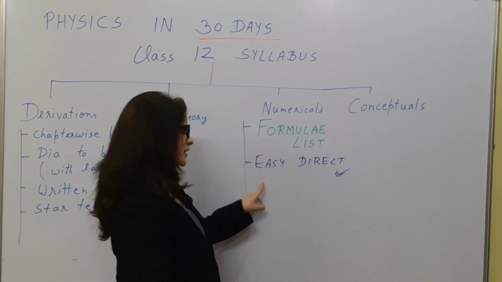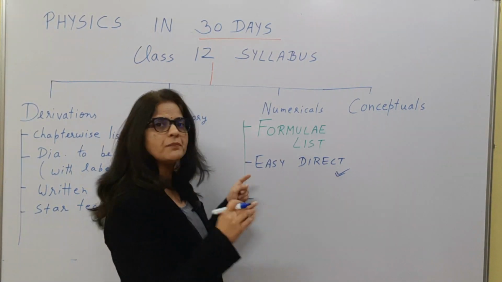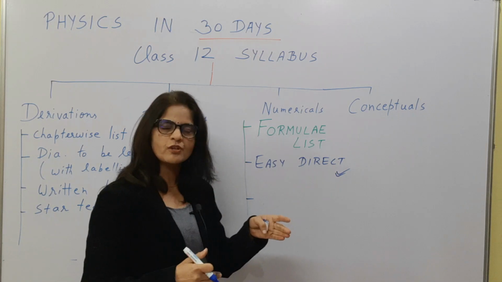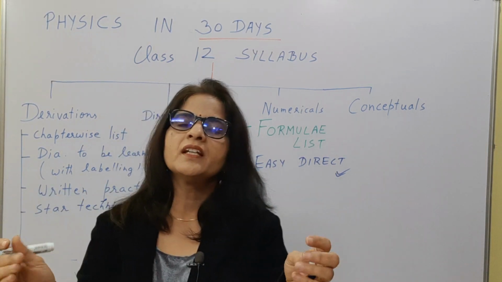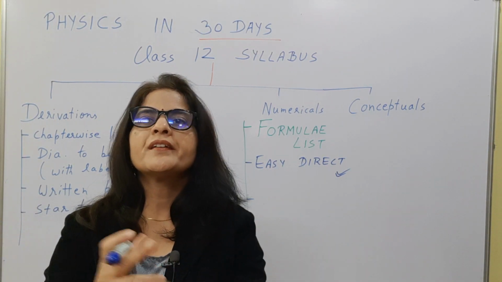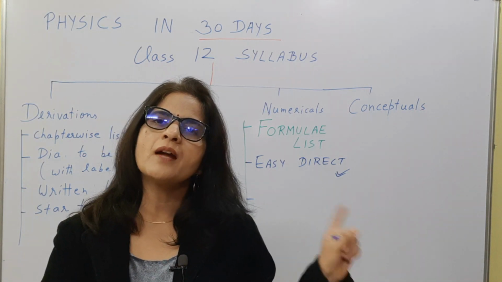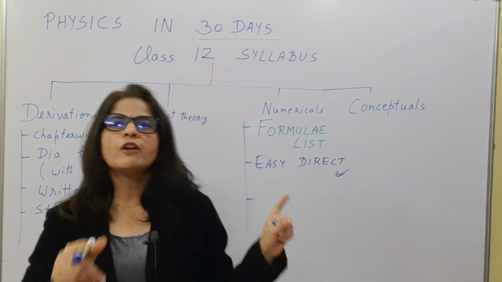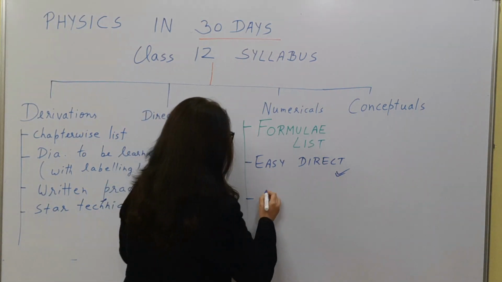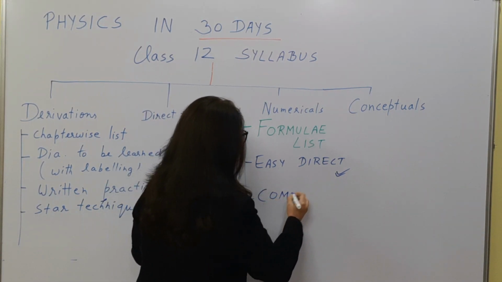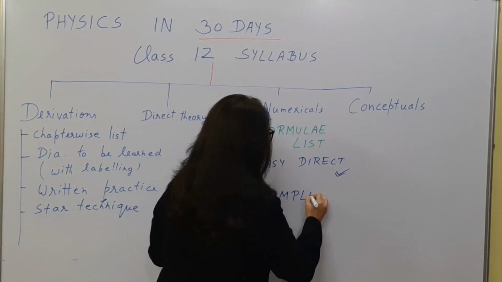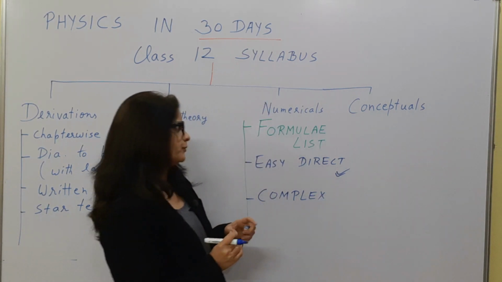And once you are comfortable with the easy direct questions, then you will be able to apply the formulas to the complex questions also, because complex questions are nothing but these are based on interrelated formulas. So if formulas are properly learned along with the meaning of every specific term, then complex questions will also become simple for you, right?